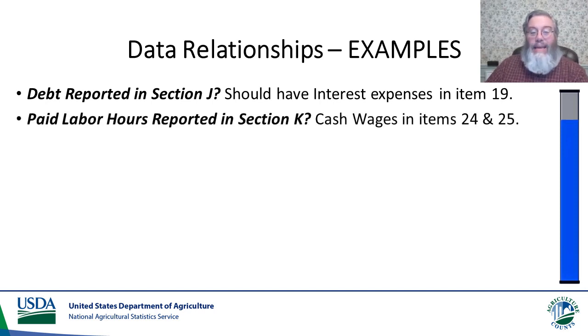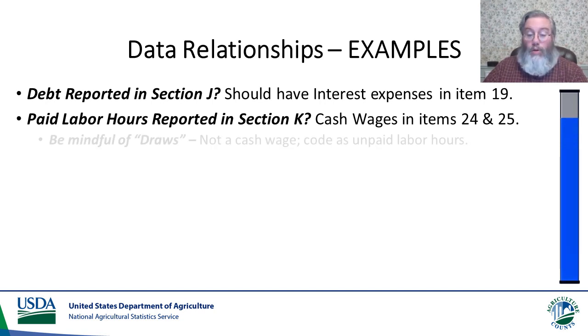If paid labor hours were reported in Section K, question 11, then there should be cash wage expenses reported in questions 24 and 25. The breakout of the labor expenses should closely follow the hours reported by the target operator, the target spouse, other members of the household, and other paid workers.